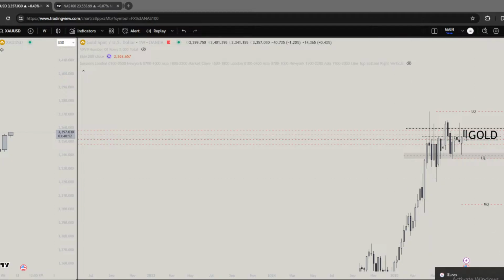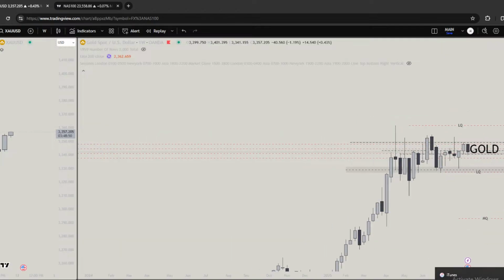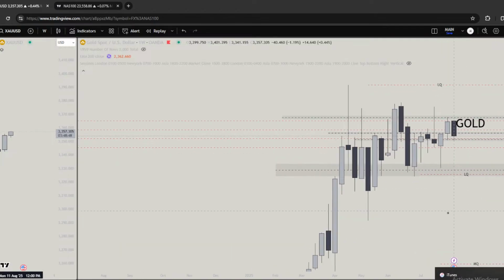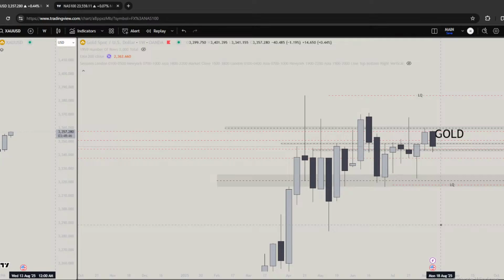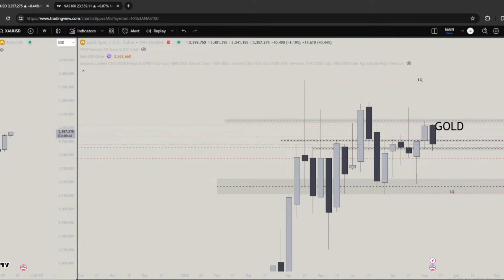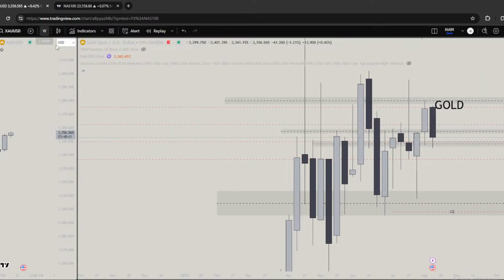My strategy is a mix of ICT, fib levels, volume profile, order flow. Just a mix.